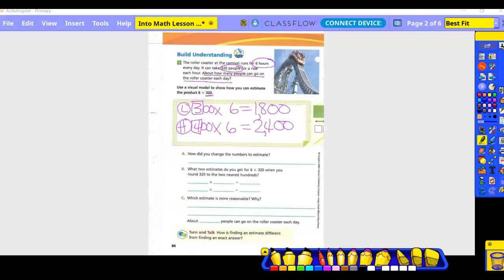So like we said, we had a low and a high estimate. Now we're going to write what we did up here. Which estimate is more reasonable, the 1,800 or the 2,400?